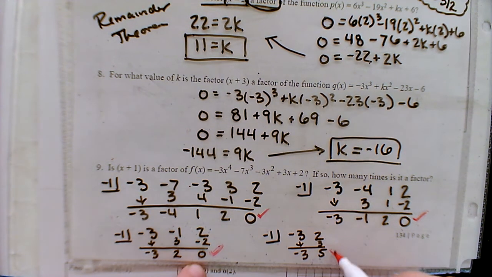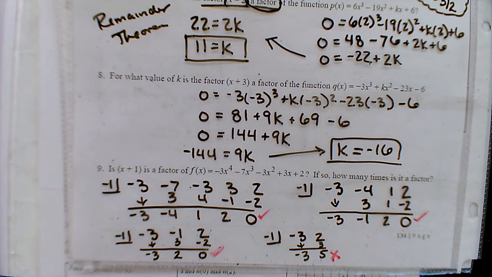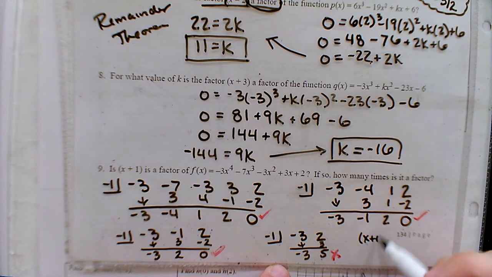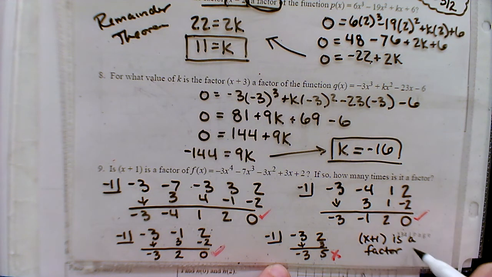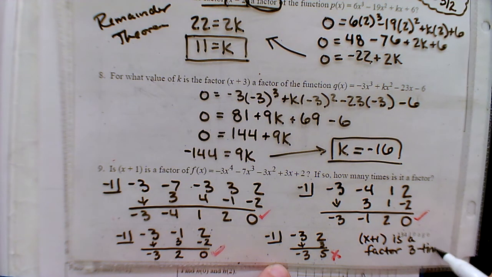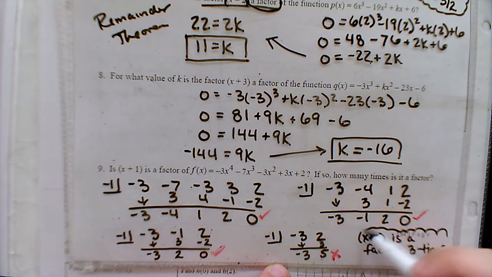Not quite. So this x plus 1 factor goes in evenly 3 times. It shows up 3 times if you were to write it out in factored form. So we'll say x plus 1 is a factor 3 times.